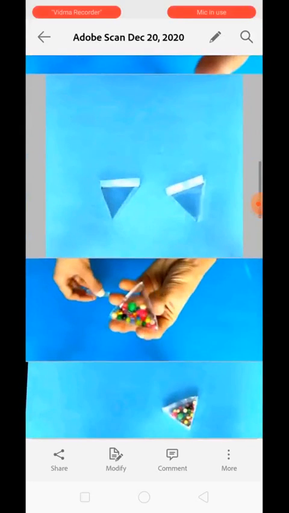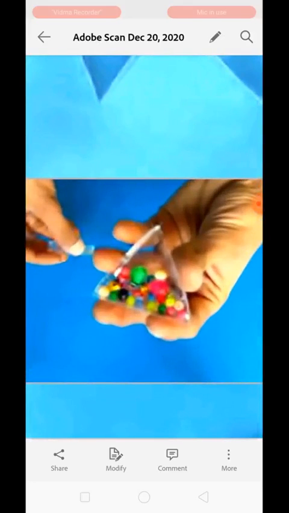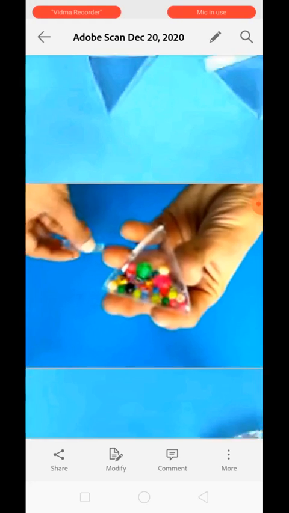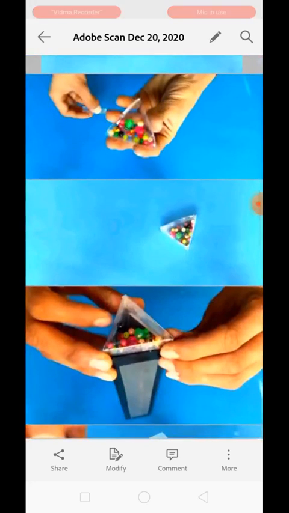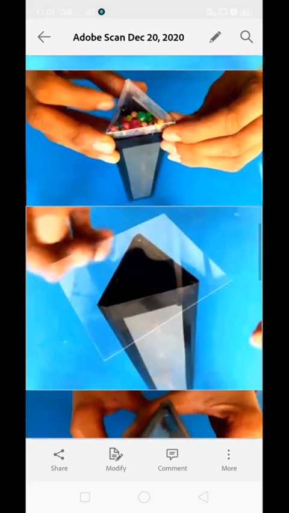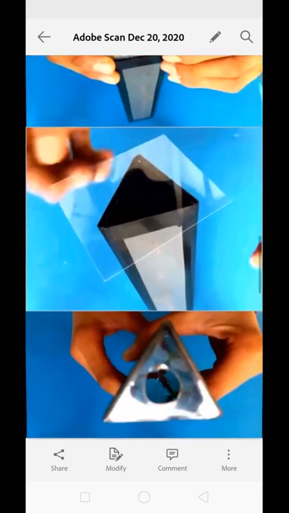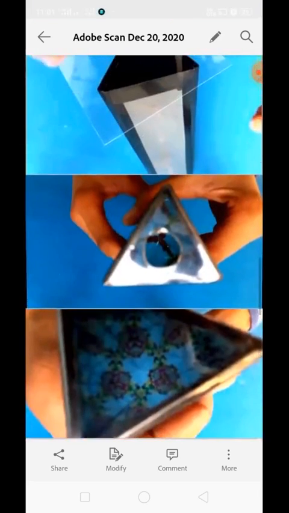What will happen then? Then we will place some colorful object to create a beautiful pattern, and then we will close it with the help of tape, and then we will close its second side with the help of cellophane paper as well, and we will make a hole so that we can see what is present inside, what are the images that form inside the kaleidoscope.